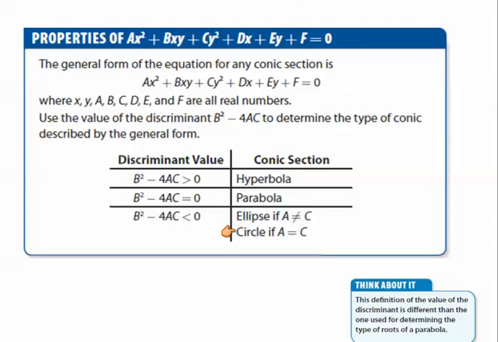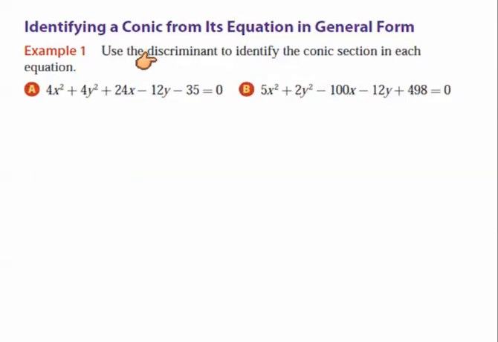So here's what we can do. We can look at equations like this, and we have to identify what this one is. We're going to figure out the discriminant. A is equal to 4. B is equal to 0. C is equal to 4.